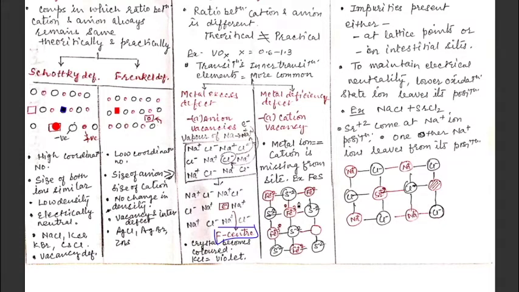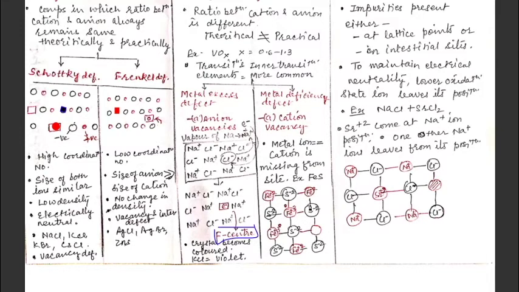To maintain the electrical neutrality, two vacant positions are occupied by Fe+3 ions. आयरन अपने हायर ऑक्सीडेशन स्टेट में आ जाएगा और एक पोजीशन वेकेंट रहेगी. तो कैटायन यहाँ से मिस हो गया. सो दिस इज द केस ऑफ मेटल डेफिशिएंसी डिफेक्ट. ओके.